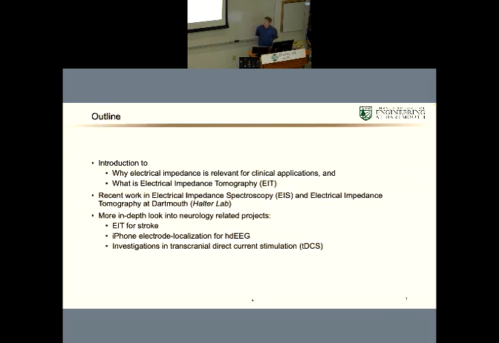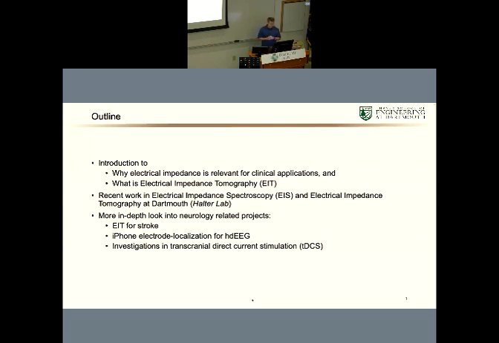So, why electrical impedance is relevant for clinical applications. I know it's probably not used clinically here, but we'd like to research it. And what is EIT? And then the recent work we've done. And then the more in-depth neurological related projects: we've had a pilot study for EIT for stroke.